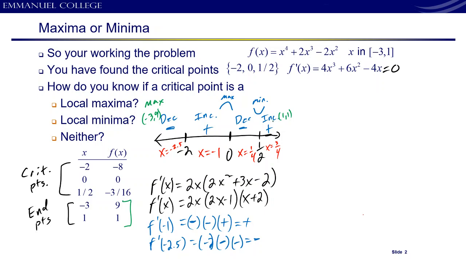And then if I'm increasing to this point on the right, that means it has to be a max as well. Because if you're increasing towards a point, that makes it a max. If you're decreasing towards the point, that makes it a min. And notice the difference. From the left, I'm decreasing from the point negative 3, 9. On the right, I'm increasing to the point 1, 1.